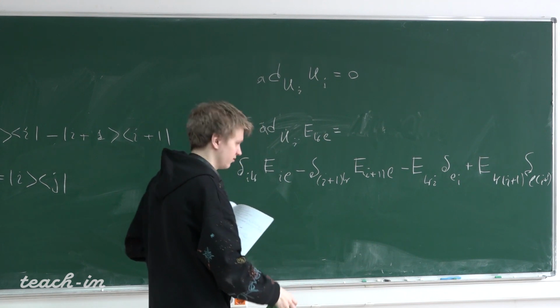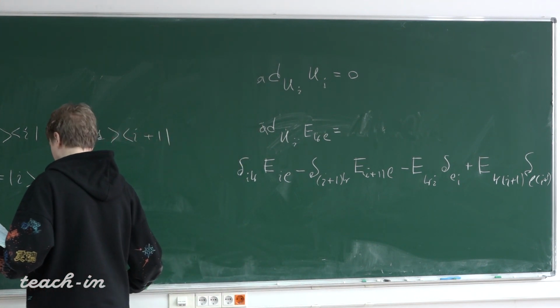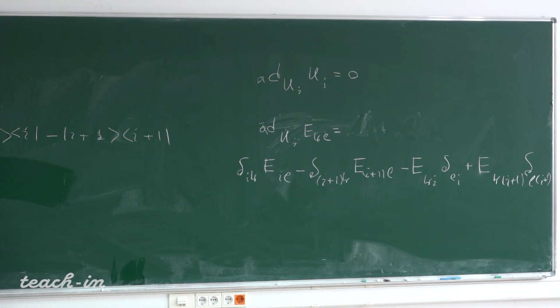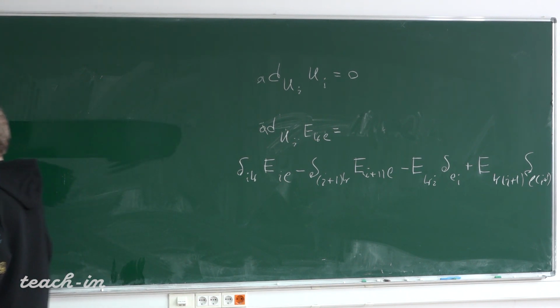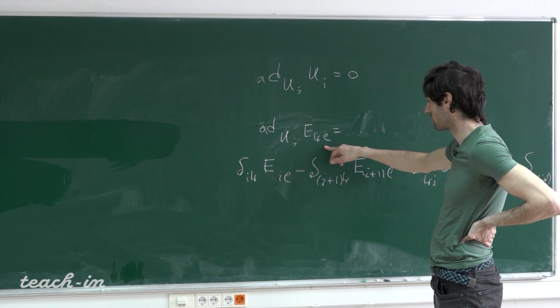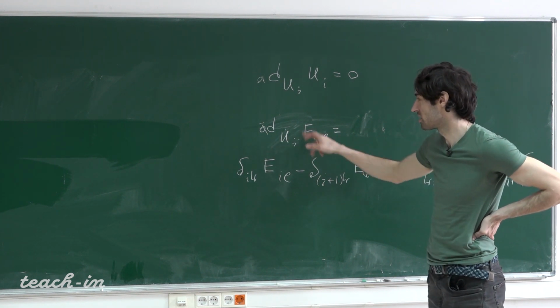Maybe we don't need all the details, but what you're doing here is showing that ad HI is diagonalizable in the basis EKL, right? Yes. Okay. So this thing is semi-simple.